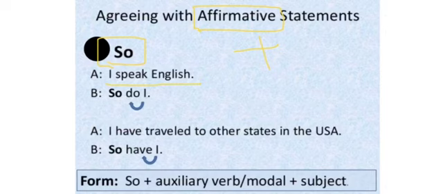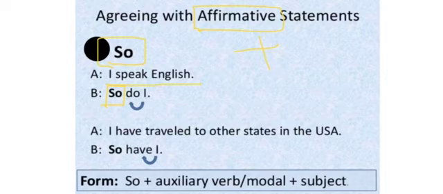To agree with these statements, you need to start your sentence with so. Remember, so is used with the affirmative, the positive statements, not the negative statements. So start with the word so, and follow it with one of the auxiliary verbs.